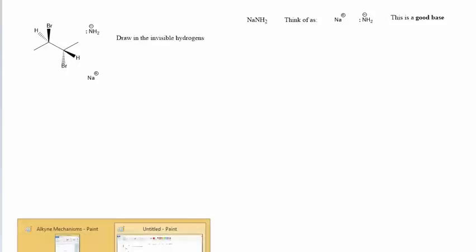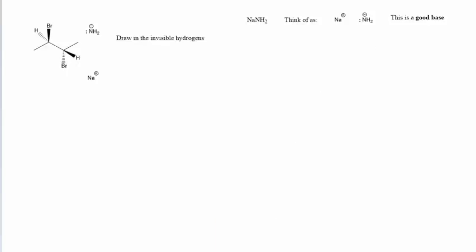So the metaphor that I've heard the most often is that you need to think of this NaNH2 as a pen. So we want to be able to write with our pen. What's the first thing we need to do? Well, we need to take the cap off the pen.